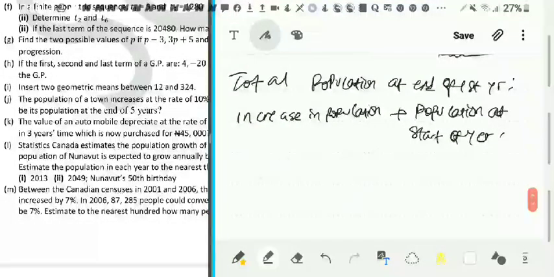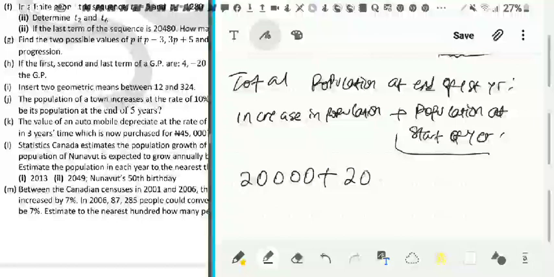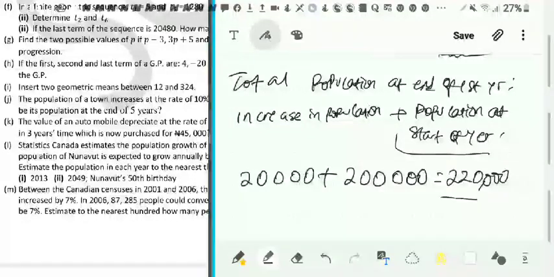So the increase, which is 20,000, plus the population at the start of the year, which is 200,000, is equal to 220,000. So this is the total population at the end of the first year. They started with 200,000, and at the end of the year it increased by 10%, which is 20,000. So the total number of people in that town will be 220,000. I think this is clear enough.